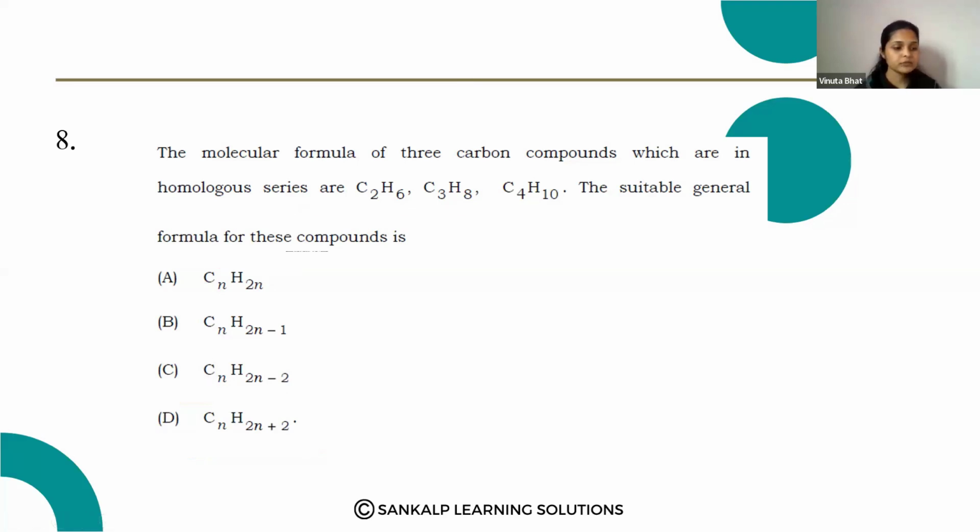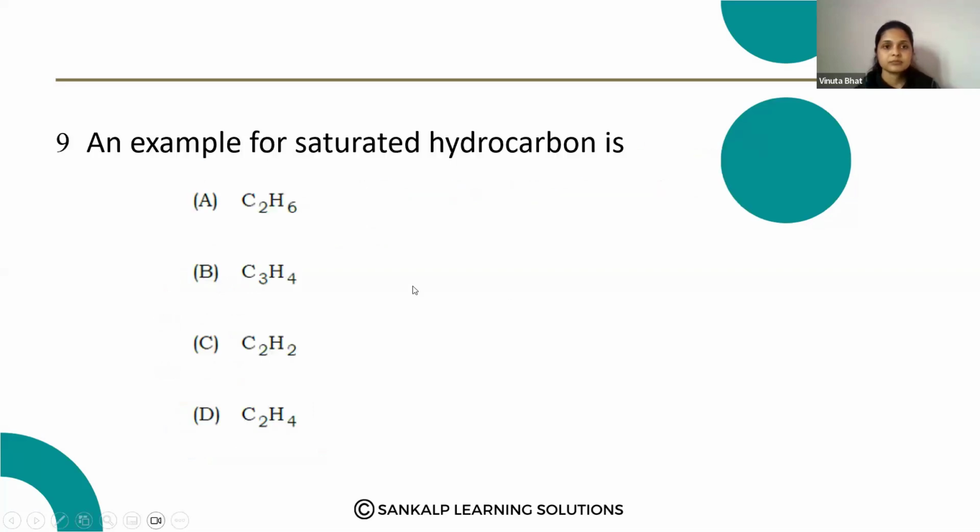Please note down the question. An example for a saturated hydrocarbon is, just check it. Saturated hydrocarbon means which does not have double bonds, only single bonds are present. C2H6, 1, 2, 3, 4, 5, 6. Okay.